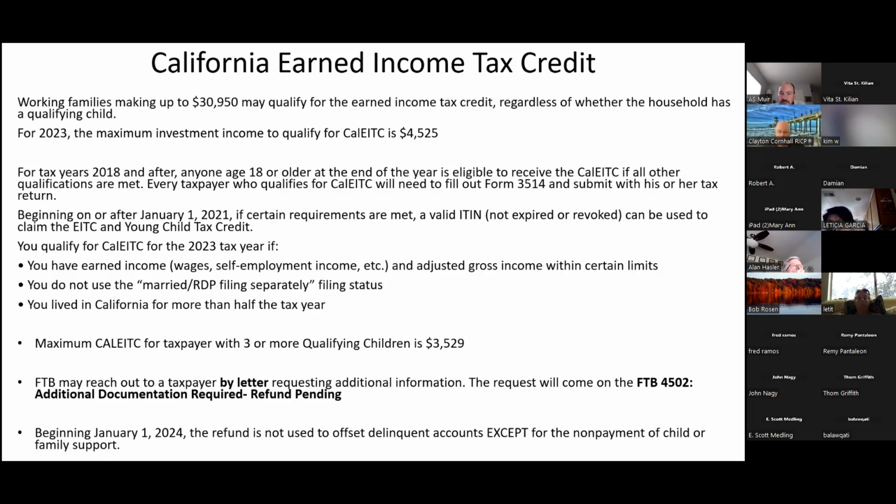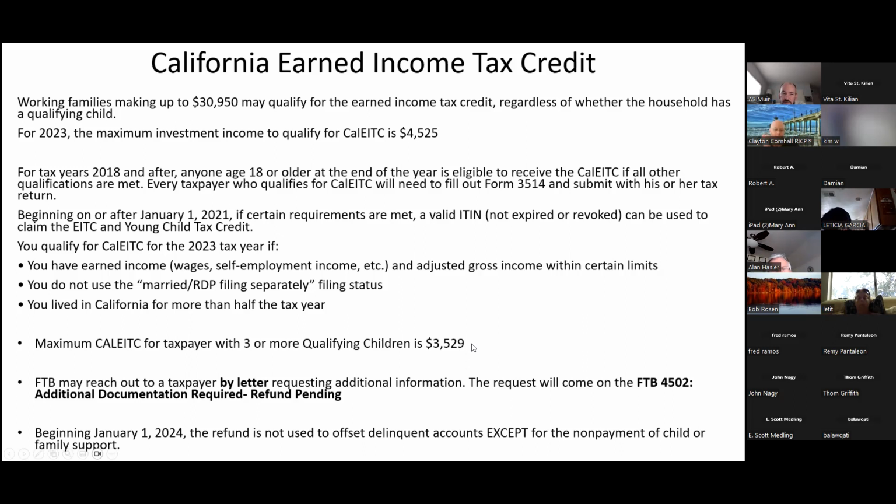So it is possible a low income individual meeting all the rules can get both federal and state EITC payments of a little over $10,000. And when you see that, you might kind of shake your head and say, how can that be? Well, they meet all the rules for both federal and state.